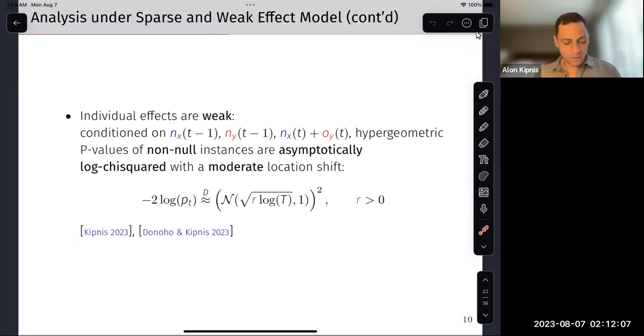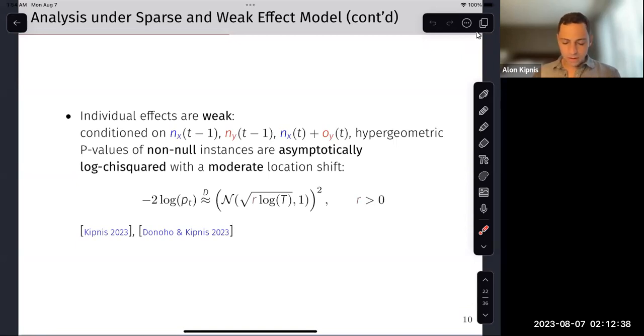The framework says that we should calibrate the model such that the p-values that we had earlier with the hypergeometric would be asymptotically approximately log chi-square distributed with one degree of freedom, with a shift in the mean that is moderate. Moderate meaning that it's proportional to the square root of log t.